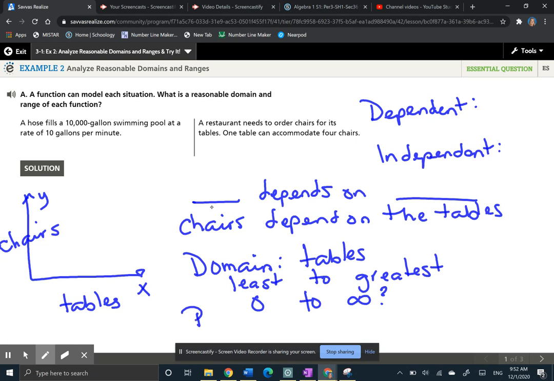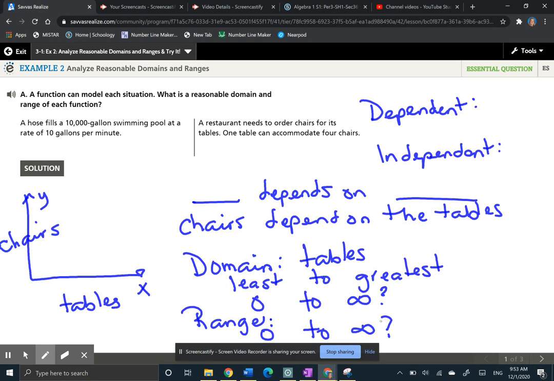And then your range is again least to greatest. Well, what's the least amount of chairs? The least amount of chairs is 0. So 0 to, well, let's say infinity again. Only if we had a certain amount of chairs, like if a restaurant only had, I think I said 20 tables, right?